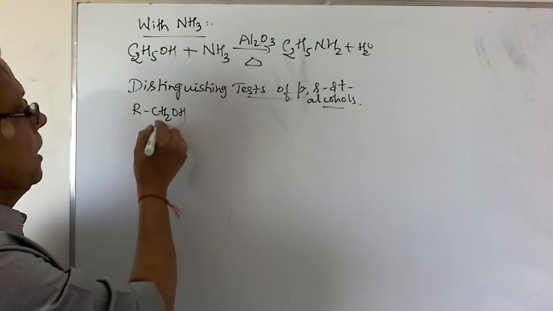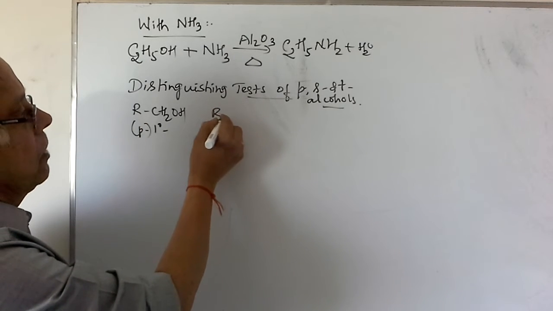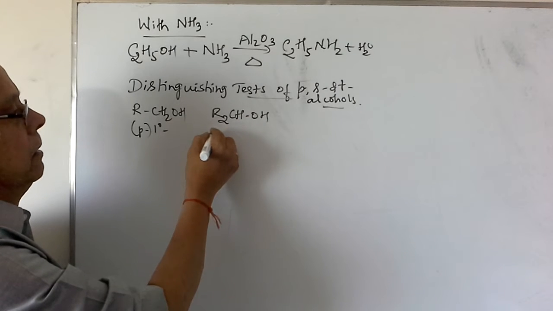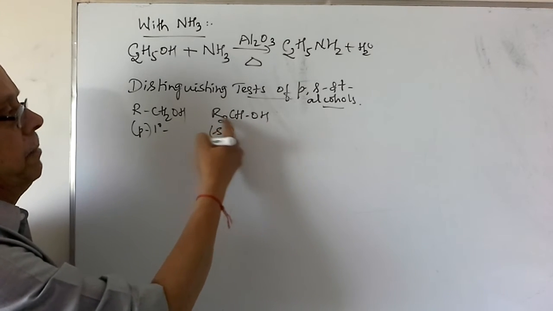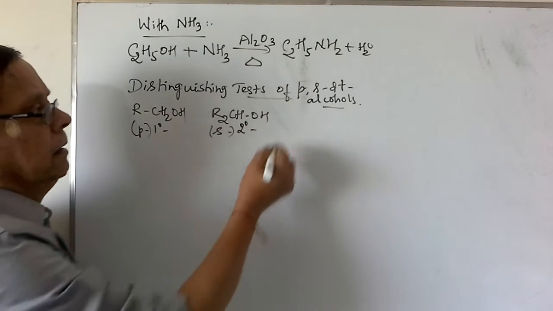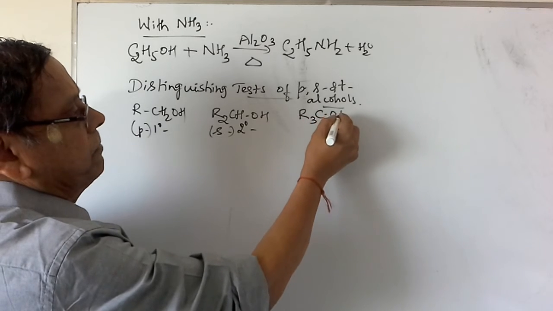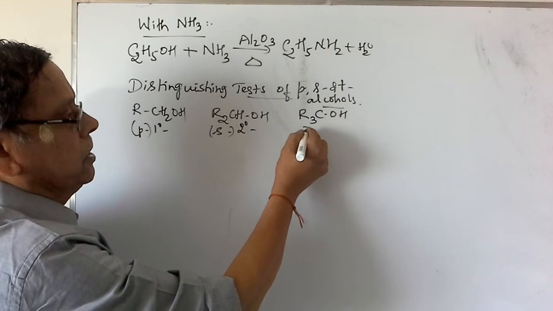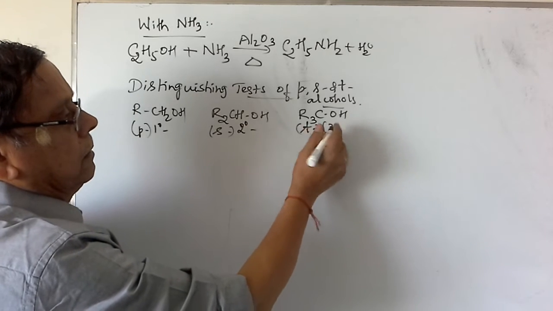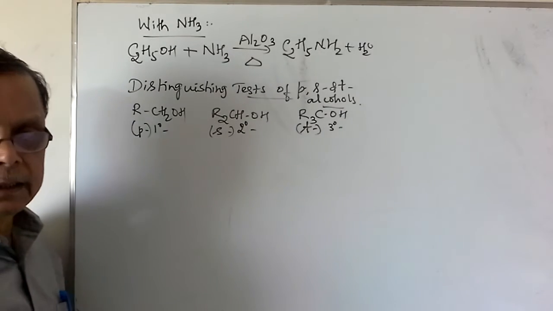For a secondary alcohol, there is only 1 hydrogen atom attached to the carbon carrying the OH group. It is secondary. The tertiary alcohols do not contain any hydrogen atom attached to this carbon. So this is tertiary, that is indicated as 3 degree.